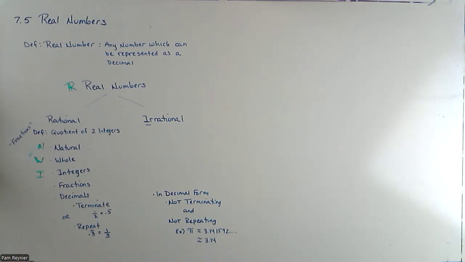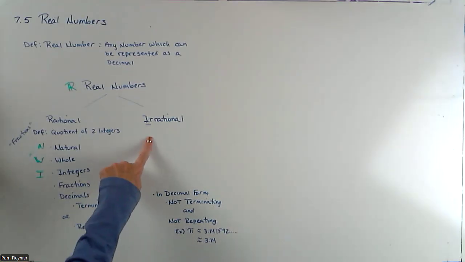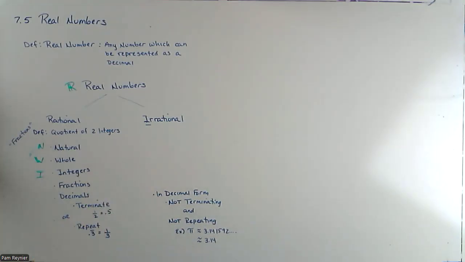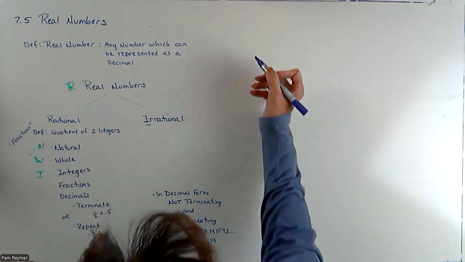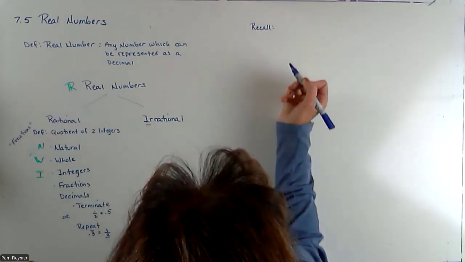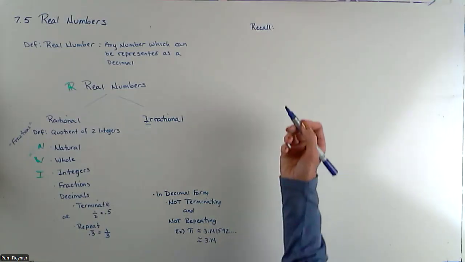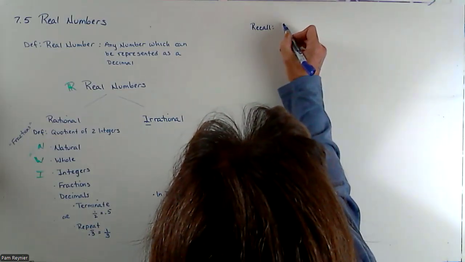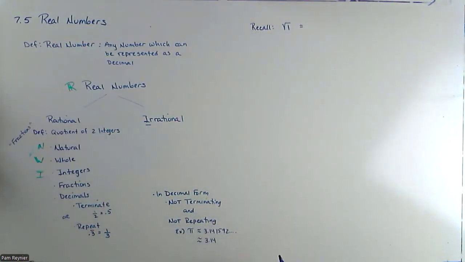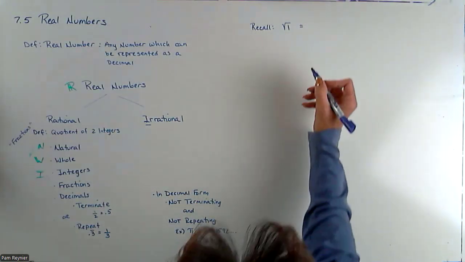So one thing I want to show you is right now, you already know several irrational numbers. You just may not know you know them. Okay, so based on some prior knowledge, here's what I want to show you. From your past, if I give you the square root of 1, what number times itself will give you 1? Well, the answer is 1.